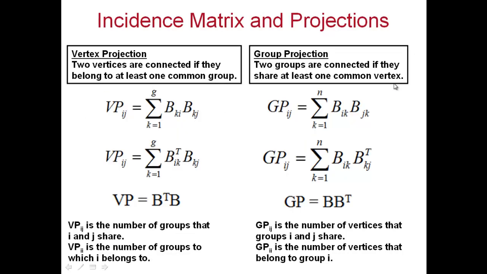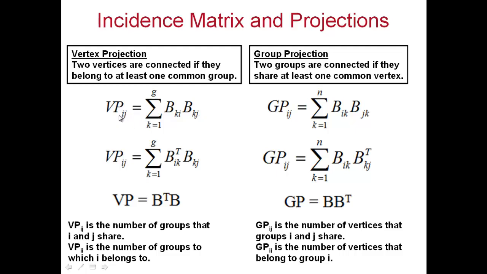An entry b_ki is a 1 if k and i have an edge between them, in the sense that if vertex i has an affiliation with group k, then this entry b_ki is going to be 1. If i is not affiliated with group k, then it is 0. Similarly, b_kj is going to be a 1 if vertex j is affiliated with group k, otherwise it is 0.